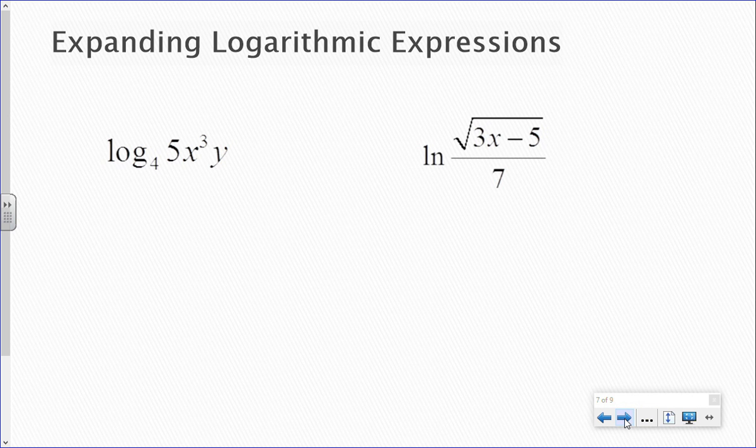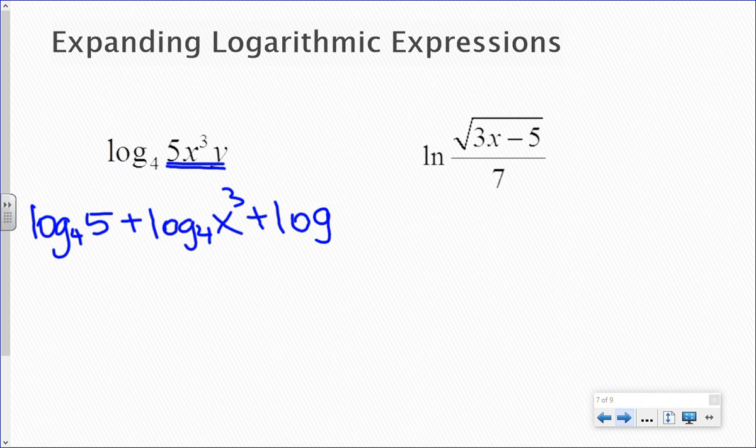Okay? So, first of all, we have a product inside of that logarithm, right? So we need to write this as 3 separate logarithms that are being added together, keeping it as base 4. Is this completely expanded?